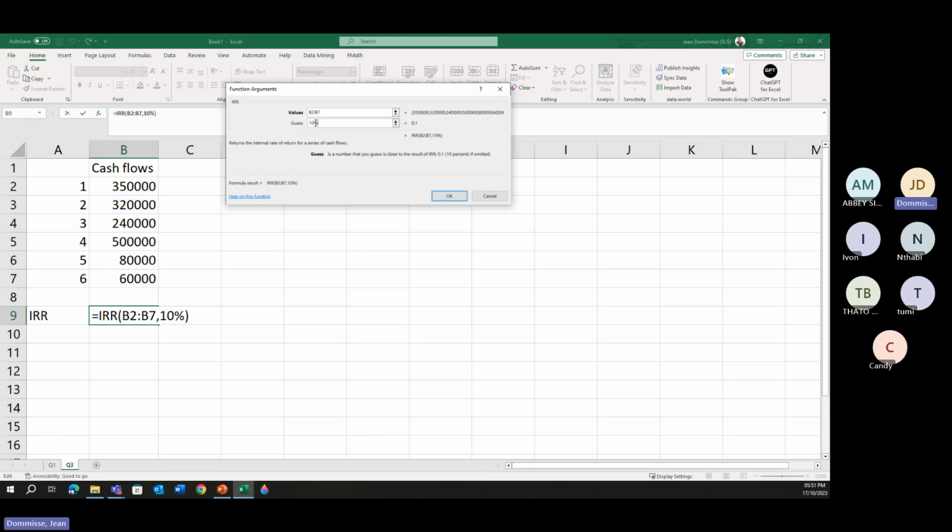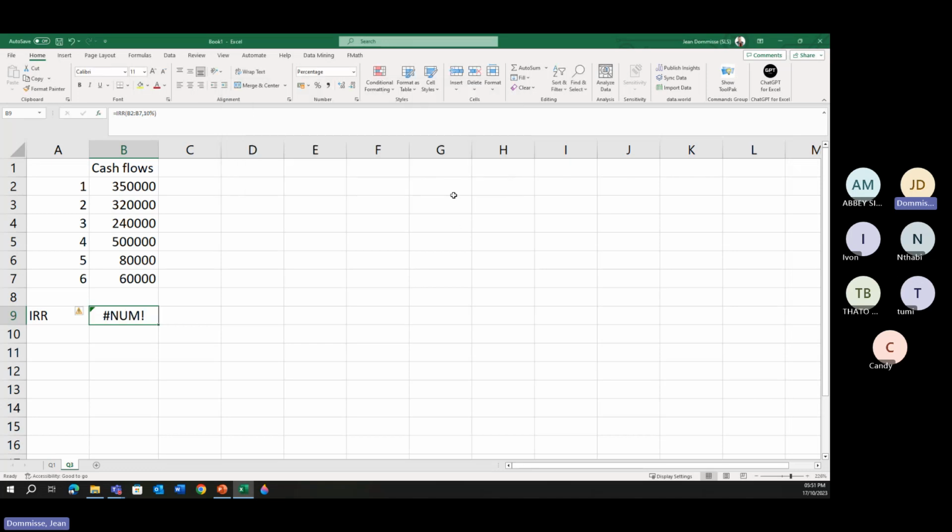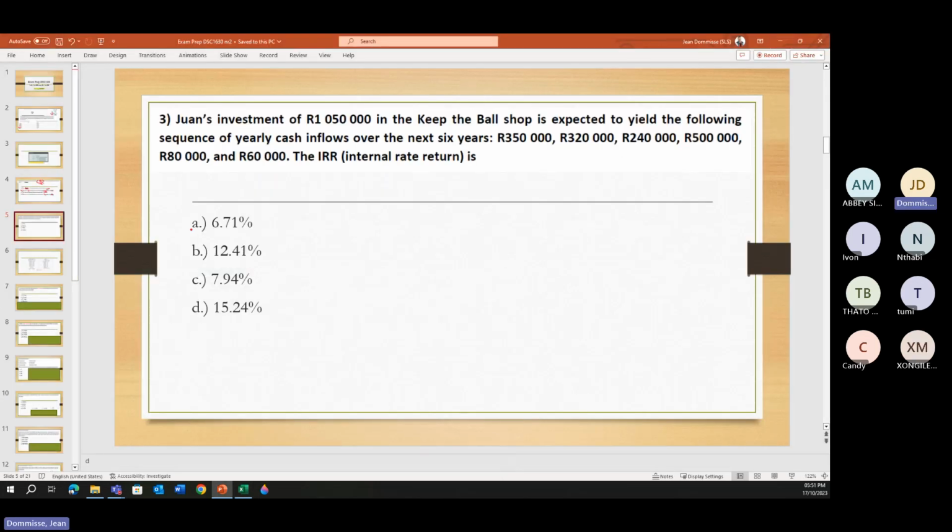Normally that doesn't happen. I will check this out for you, so that I can just share the internal rate of return formula with you guys as well. It might just be that my data is not right.